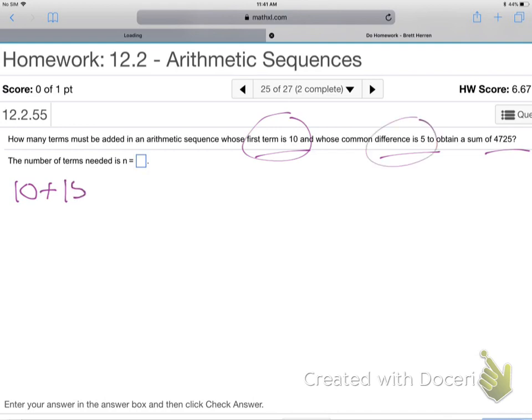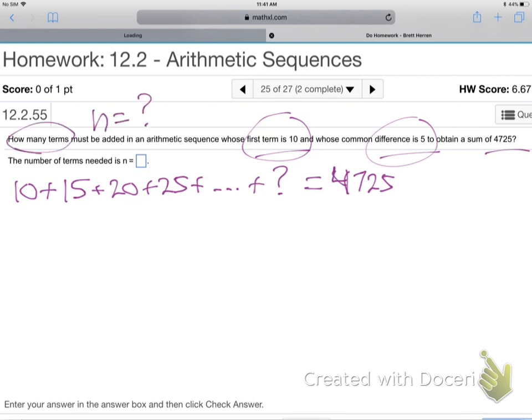So this would be like 15, 20, 25, and I don't know what the last one is. And they all add up to 4725. What they're asking is, how many terms? n equals what? Because n's the number of terms. How many terms to add up 10, 15, 20, 25, etc., and get a total of 4725?